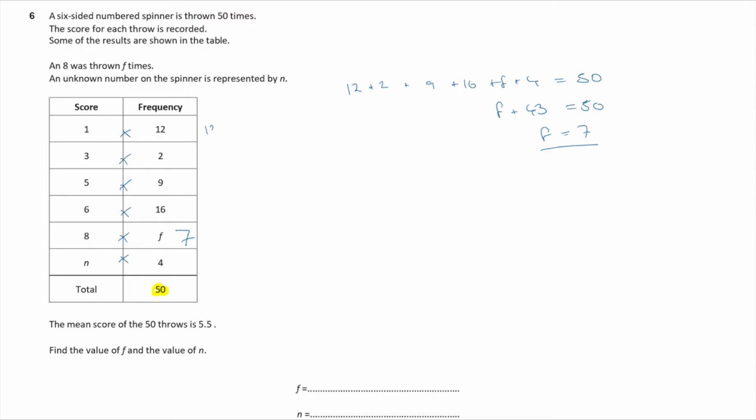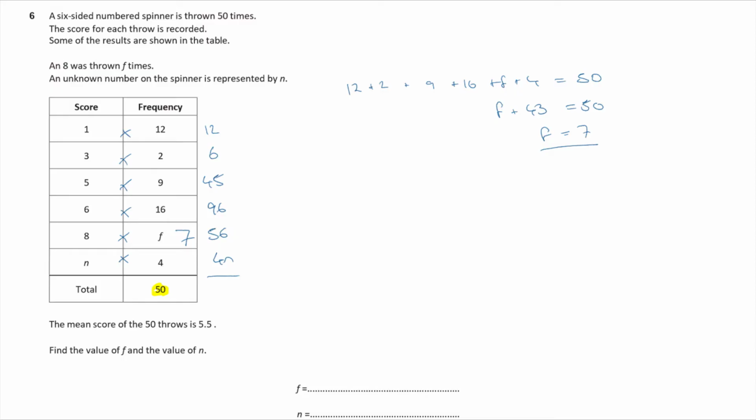So 1 times 12 is 12, 3 2s are 6, 5 9s are 45, 6 16ths, what's that, 80, 96, 8 f's, oh, we know that f is 7 now, so that's going to be 56, and I've got 4n, and I don't know what that adds up to, but I do know what the mean score is, so we can use that in a sec.